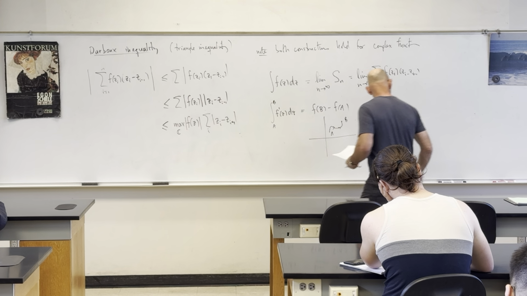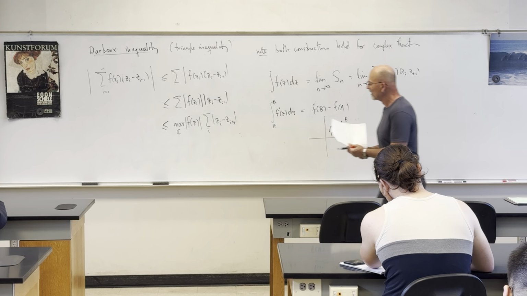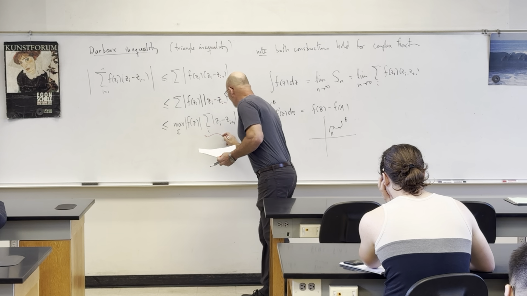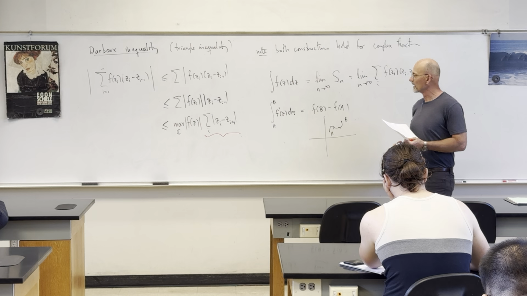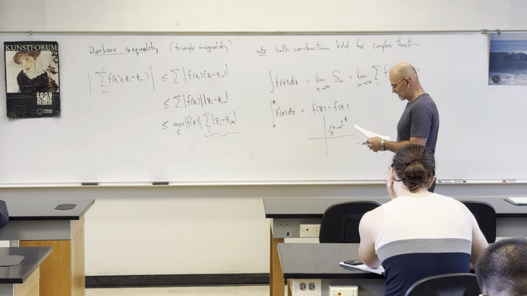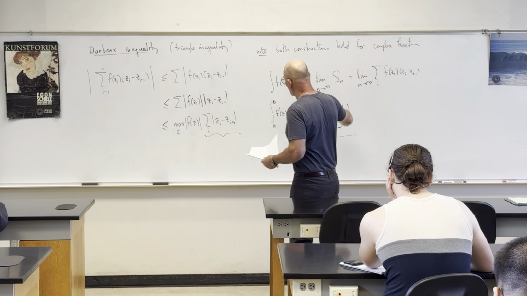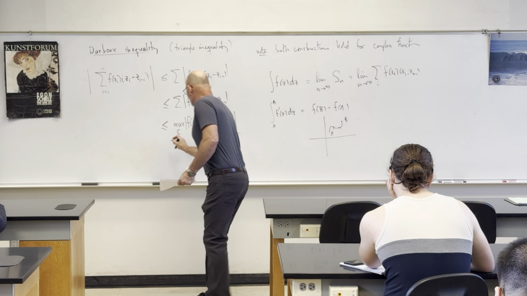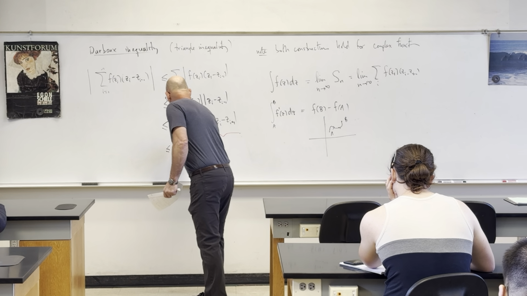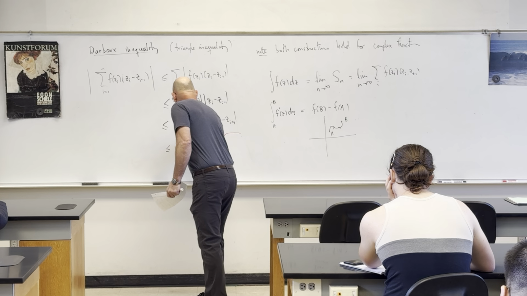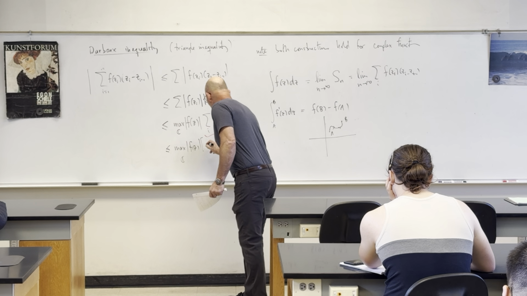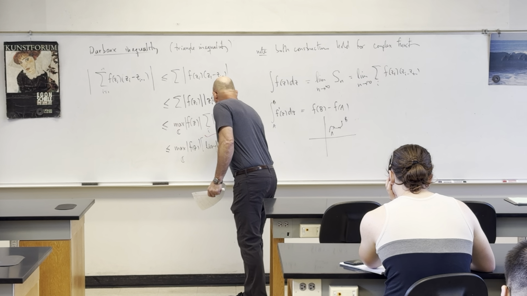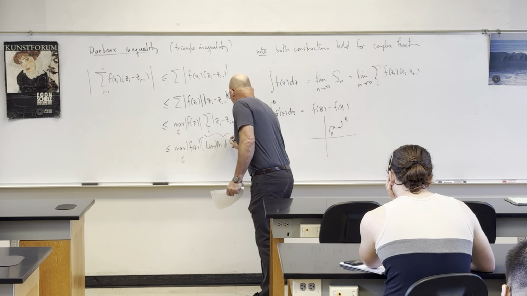What is this thing going to be? This is going to be the approximation to the length of the curve. And I'll go ahead and draw a sketch for that in a minute. So less than or equal to the maximum value that our function takes, wherever it's defined, times the length of the contour.